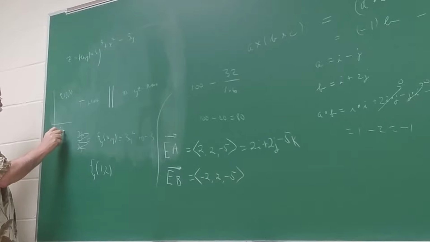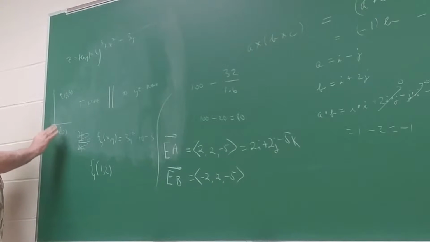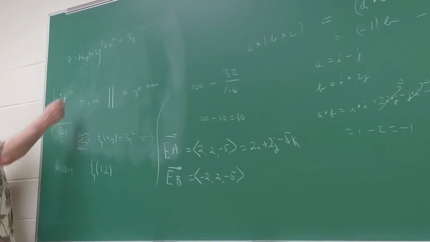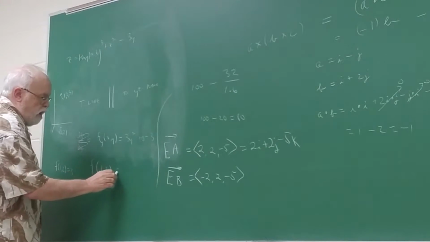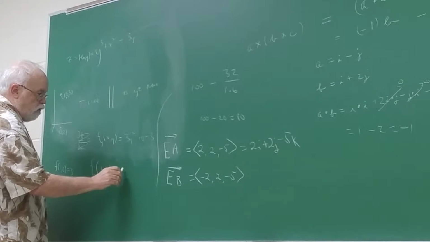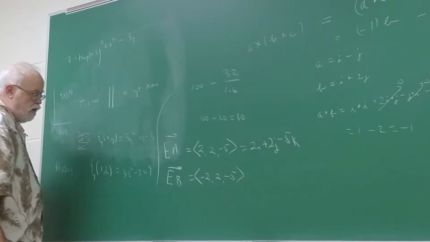So this is 1, 2, and I'm not even going to write the 0 down there, because this is my domain. It's f of 1, 2 equals 3, because again, this is f of x, y. It's not f of x, y, z. And so then I just put the 2 in here, and that gives me 3 times 2 squared minus 3, which is 9.